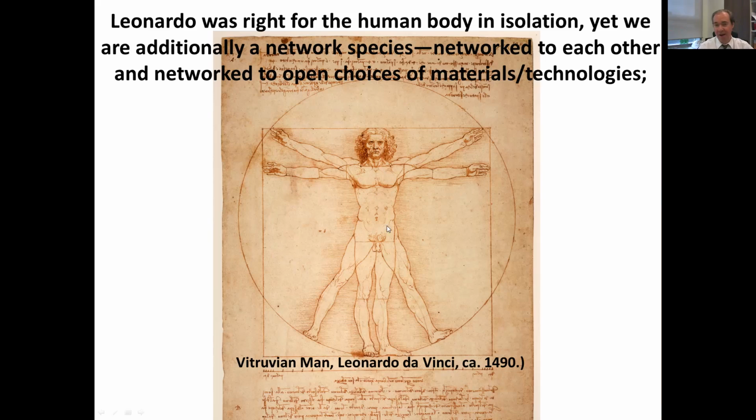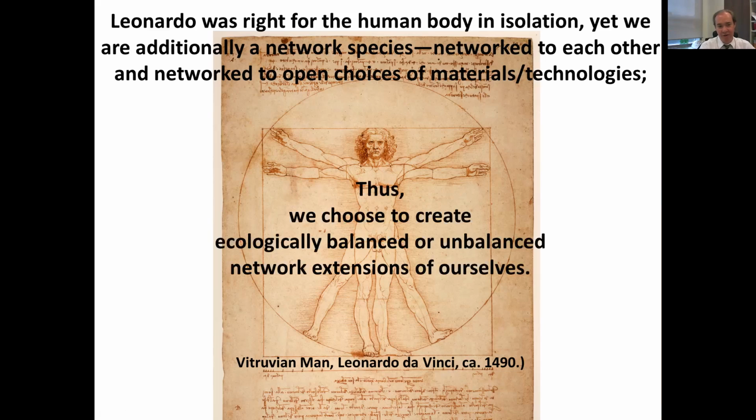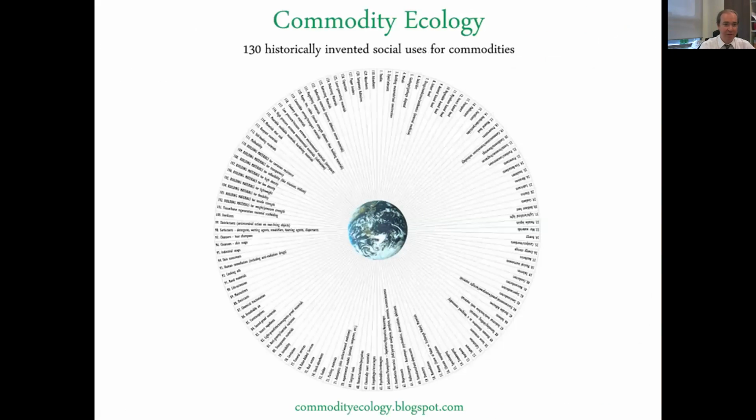So this is just our biological body, but the commodity wheel that I showed you is really our networked body. And therefore we choose to create an ecologically balanced or unbalanced network of ourselves around our lives. So if this is the commodity wheel, that's our networked body.